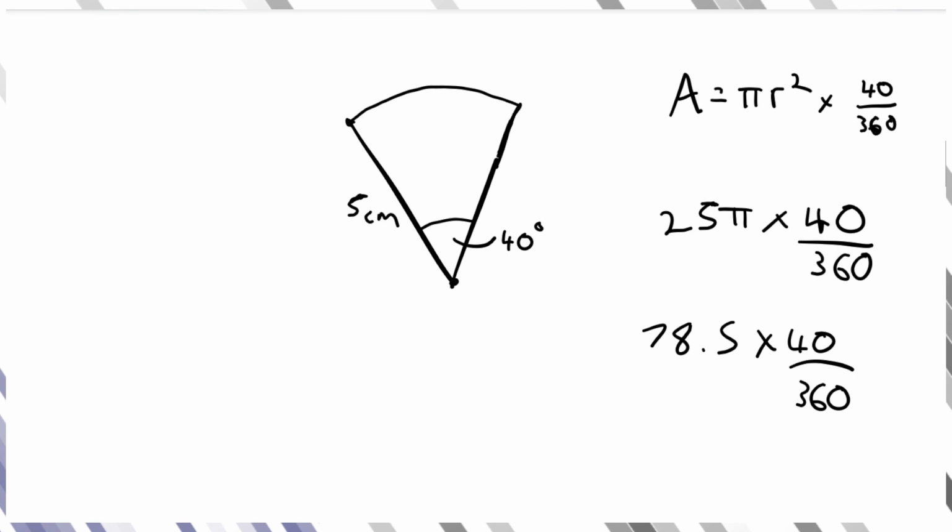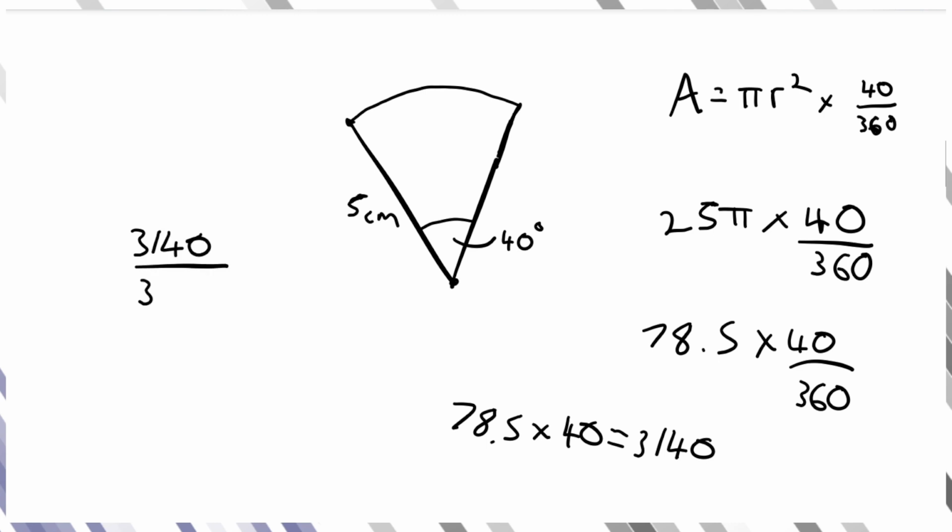Let's do that. 78.5 times 40 will give us 3,140. Now we need to divide 3,140 by 360.